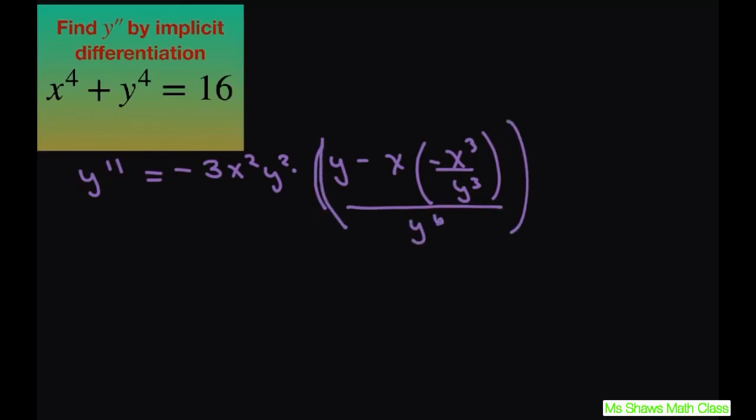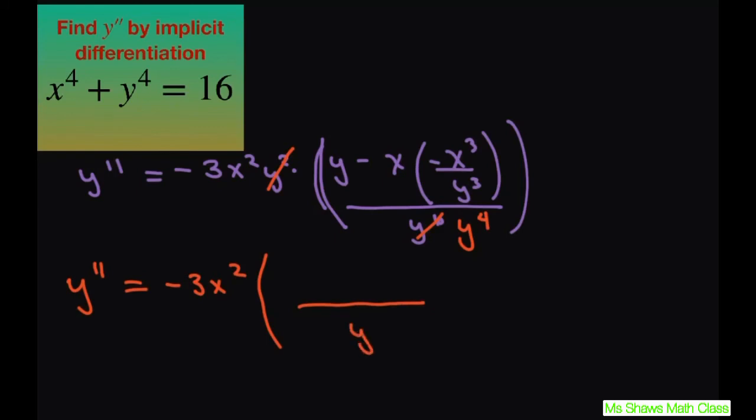All right. The only thing we really have to do now is to get our common denominator for here. I'm going to go ahead and simplify this. Y squared goes into y to the sixth 4 times. So that's going to be y to the fourth. And I need a common denominator here. So let's write this out, y double prime equals negative 3x squared. All right, and I have y to the fourth here.